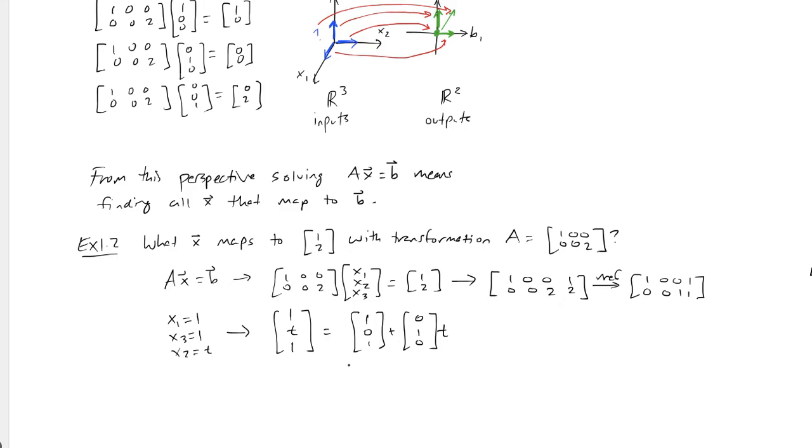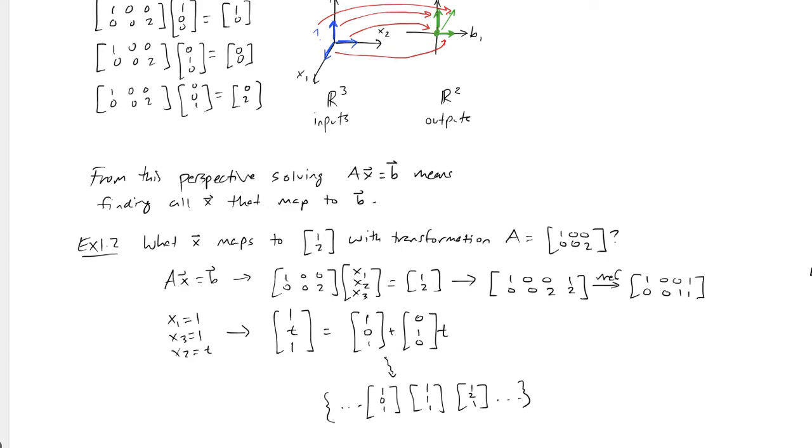So we actually have a bunch of x's that all map to this single vector (1, 2). And just to make this a little more concrete, if t was 0, we get (1, 0, 1). If t was 1, we get (1, 1, 1). If t was 2, we get (1, 2, 1), etc. This is an infinite set. And the claim is that if we take any of these vectors and we transform them by A, we'll get out (1, 2).